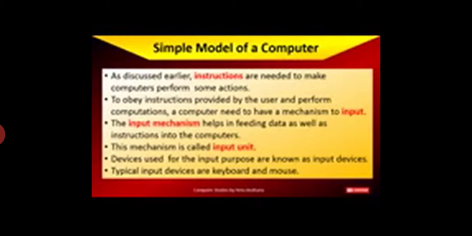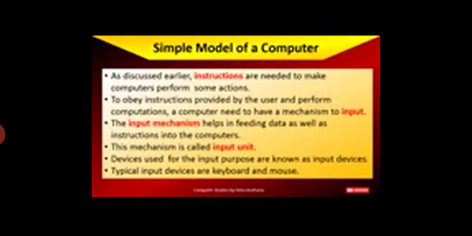As we purchase a new computer, we need to install the system software in which the instructions are written on how the computer is to perform different operations. Thereafter, we install different software as per our need. So these are all known as instructions.